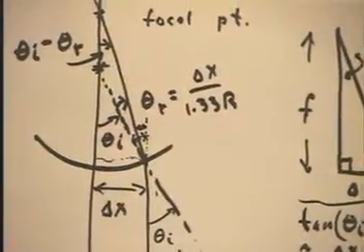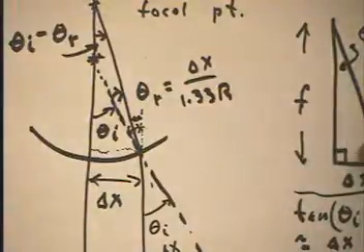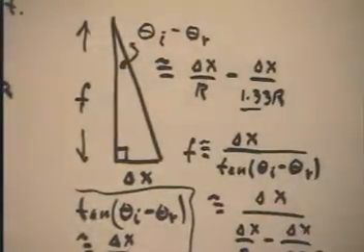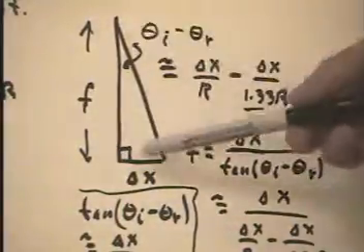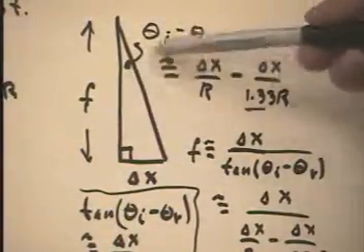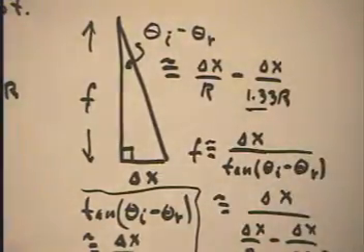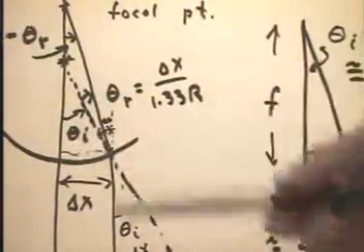We're going to say that the distance from the lens back to the focal point is the same as this side of this triangle. So this focal distance here is the side of a triangle with angle theta I minus theta r and a distance delta x here. And delta x is this distance, which is this side of the triangle.